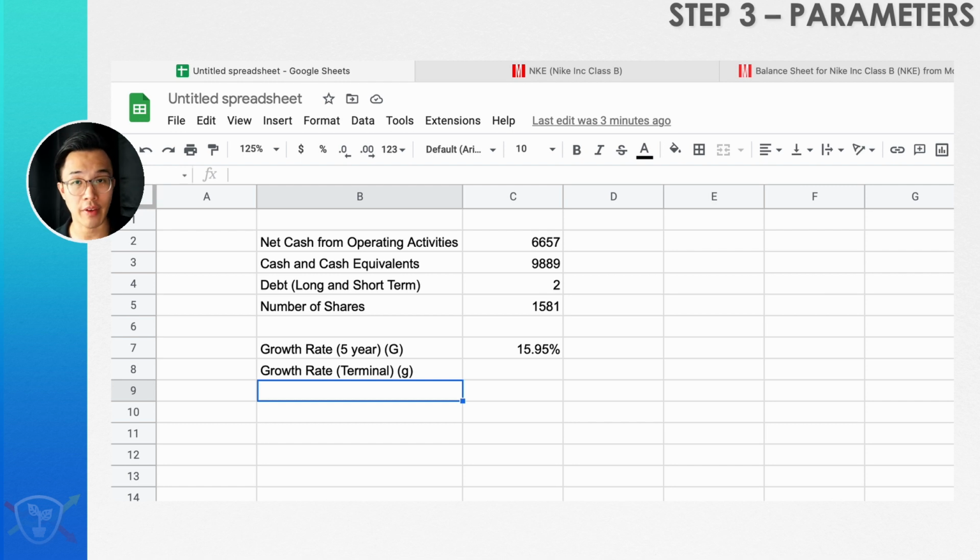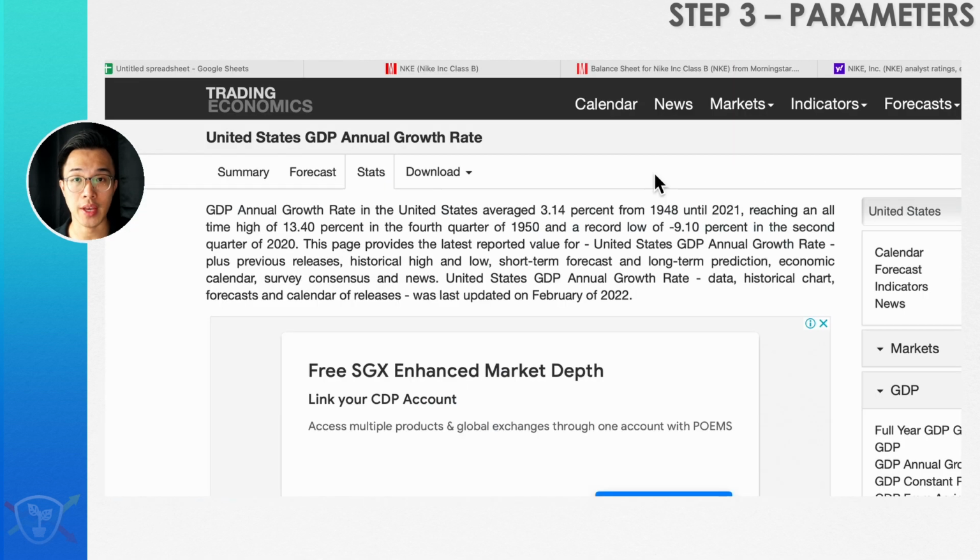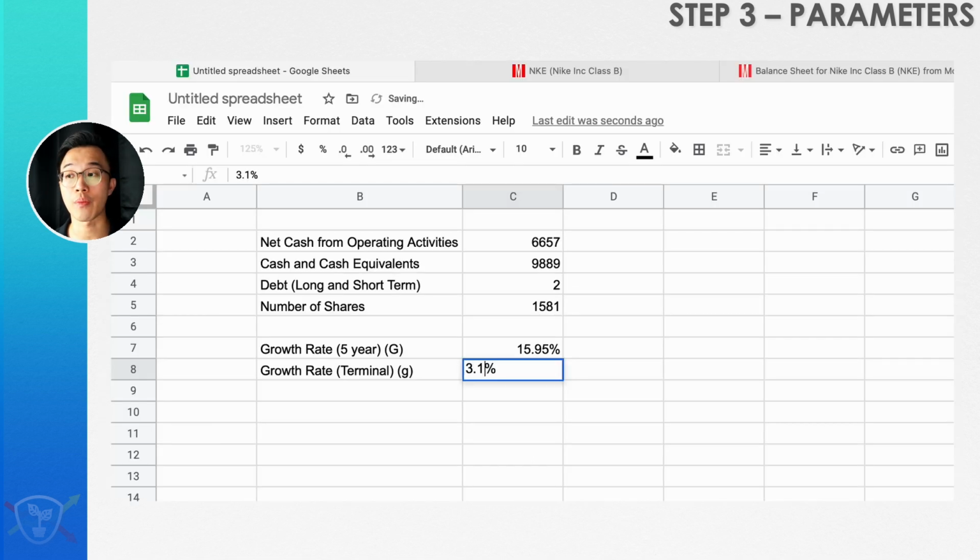We can find that very easily by just looking it up on Google. This website is one of the search results that I got when I Googled average US GDP growth, and it says here that it is around 3.14% since the 1940s. So 3.14% is the value that I'll be using for the terminal growth rate.